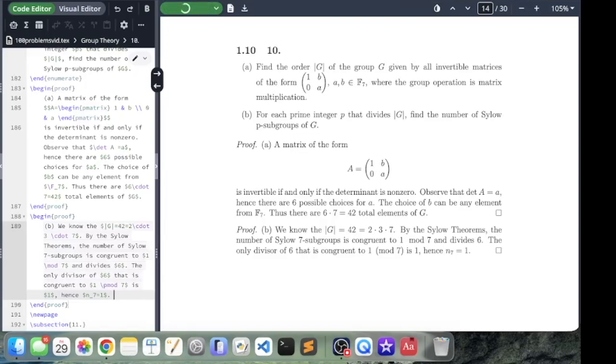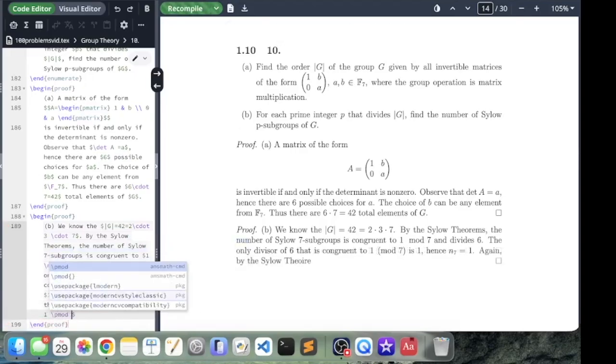Again, by the Sylow theorems, I'm just going to write n3 is congruent to 1 mod 3, and n3 divides 14.